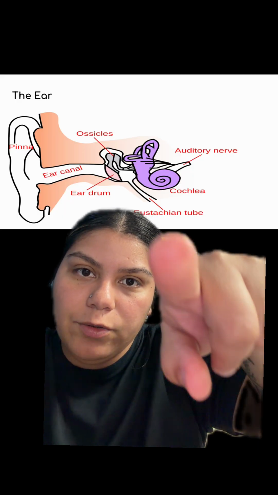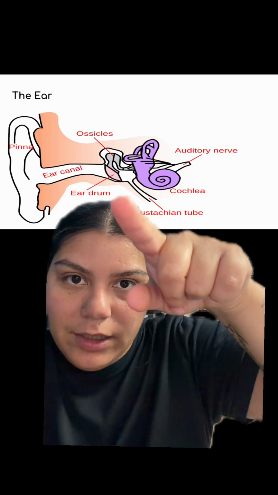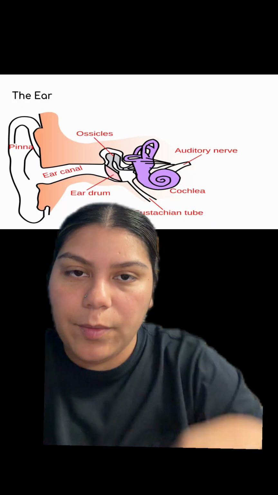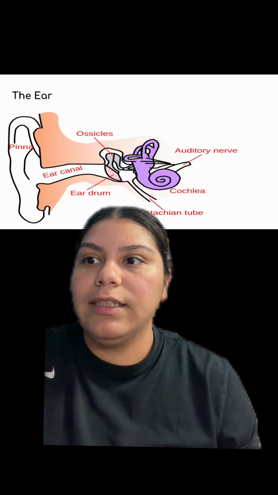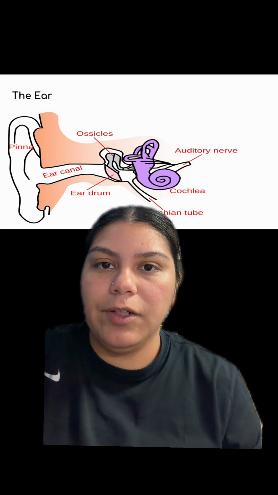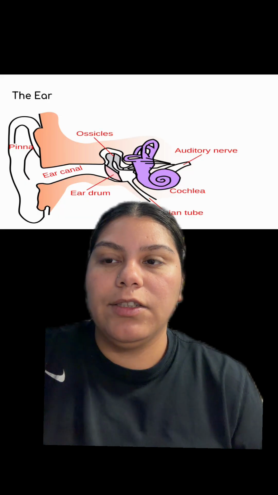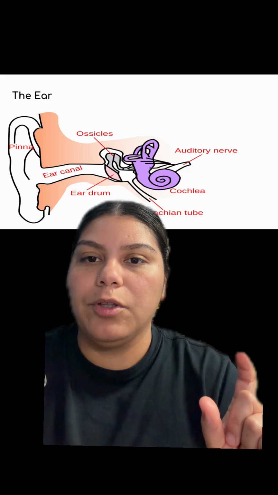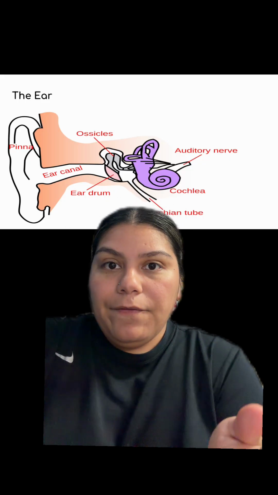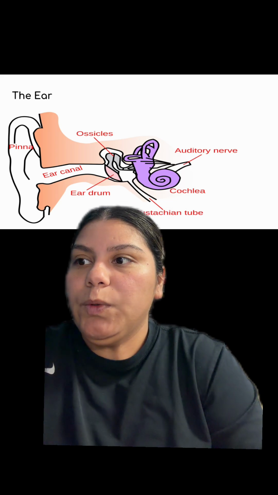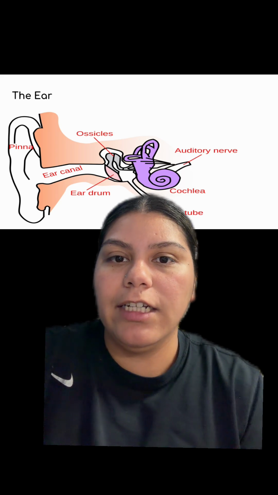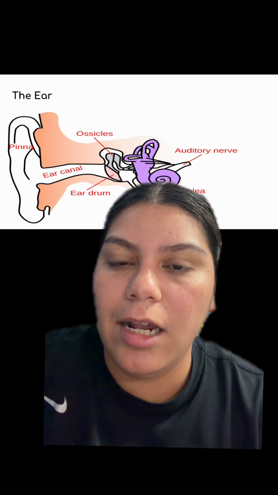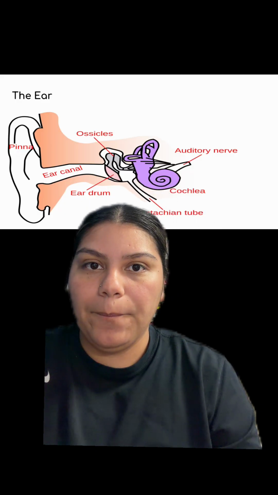Then we have the, I'm sorry if I'm not saying it right, the eustachian tube, which is this part right there. That is a narrow canal that connects the middle ear cavity to the nasopharynx. The nasopharynx is the back of the nose and the upper throat. The main function of that tube is to keep the air pressure inside the middle ear equal to the atmospheric pressure outside.